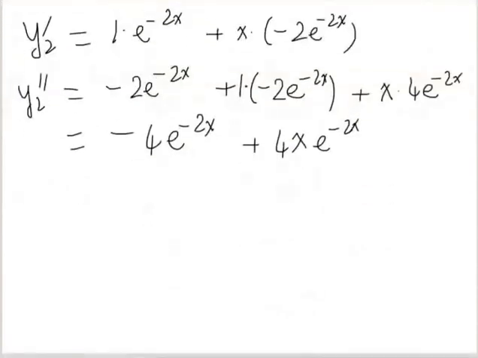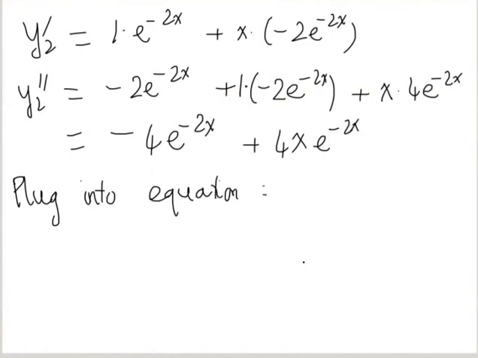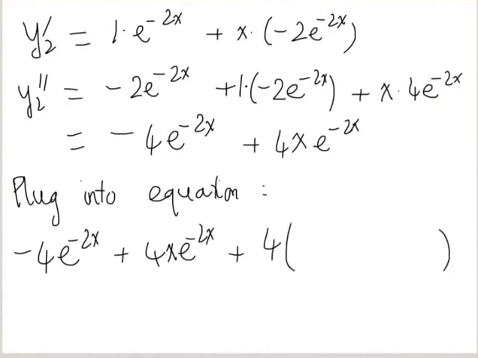Now let's plug into the equation. We have the second derivative, minus 4 e to the minus 2x plus 4x e to the minus 2x, plus 4 times the first derivative.